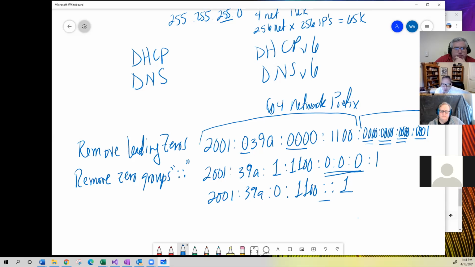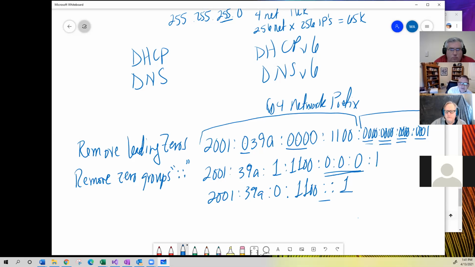And then I know 1, 2, 3, 4, 5. There's 5 groups there. Now I know that those 2 colons right there equal the remaining 3 groups of 4 zeros that are not shown, because there's obviously 8 total groups and you only have 5 shown. So that double colon represents 3 sets of 4 zeros. Okay, does that make sense?